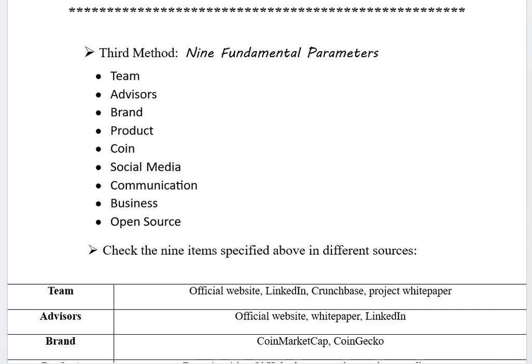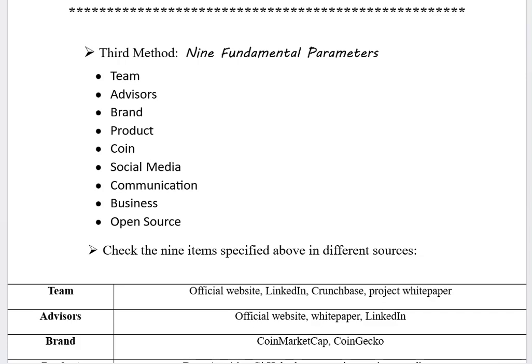The other parameter is business, and it addresses whether the main company behind the cryptocurrency has complete transparency and whether it has a professional investor backing it.